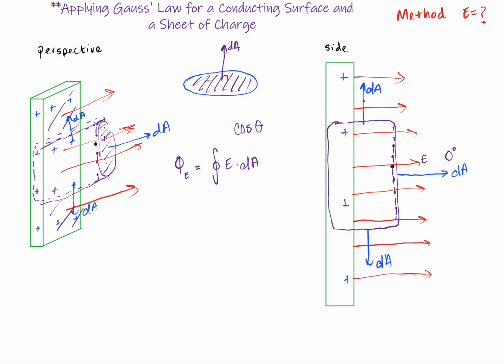But the angle between this area vector and this electric field line is 90 degrees. Okay, so hopefully you remember that the cosine of 90 degrees is 0. The cosine of 0 degrees is 1. So here there is flux, here there is no flux.